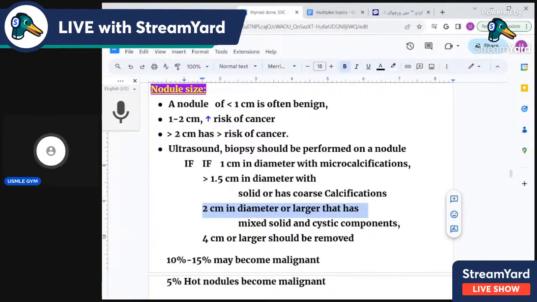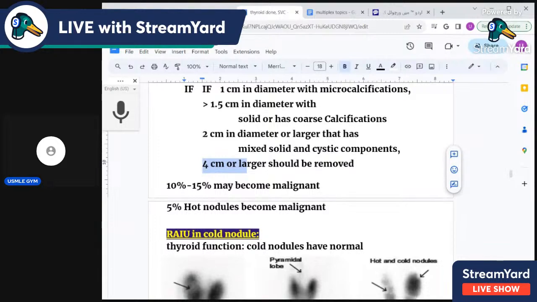And if a nodule is more than 4 centimeters, then it should be removed. So what percentage of cold nodules become malignant? 10% may become malignant. Even 5% of hot nodules, which we'll discuss later, may also become malignant.